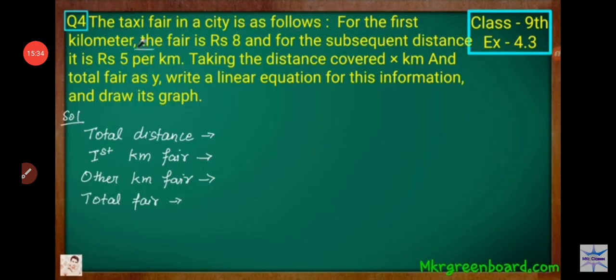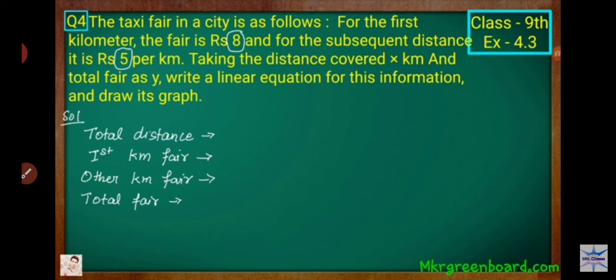Read the question carefully. The taxi fare in a city is as follows. For the first kilometer, the fare is rupees 8, and for the subsequent distance, it is rupees 5 per kilometer. Taking the distance covered as x kilometer and total fare as y, write a linear equation for this information and draw its graph. Okay, what is the total distance? Taking the distance covered as x kilometer.